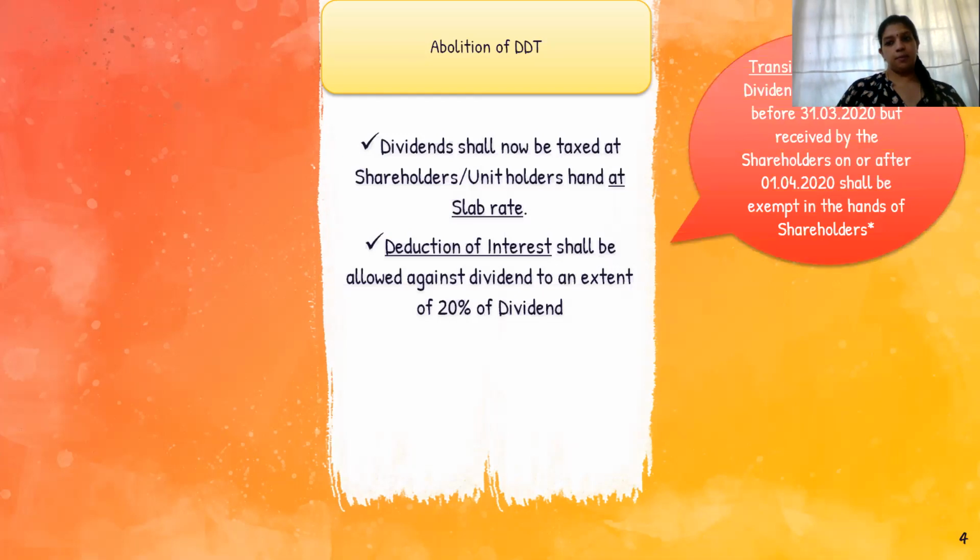First, transitional provisions. The abolition of DDT comes into effect from 1/4/2020. Dividends declared on or before 31/3/2020 but received by the shareholders on or after 1/4/2020 shall be exempt in the hands of shareholders. That is, along with the conditions which were prevailing till 31/3/2020.